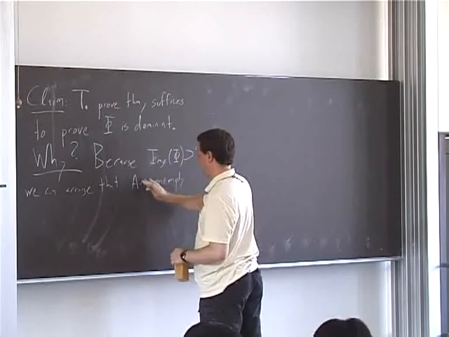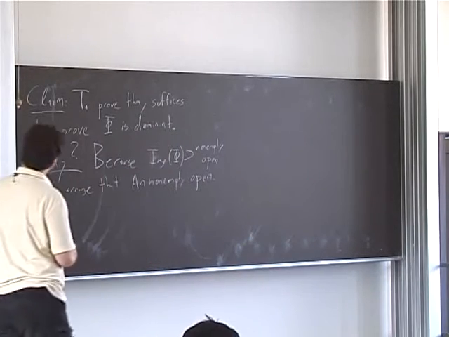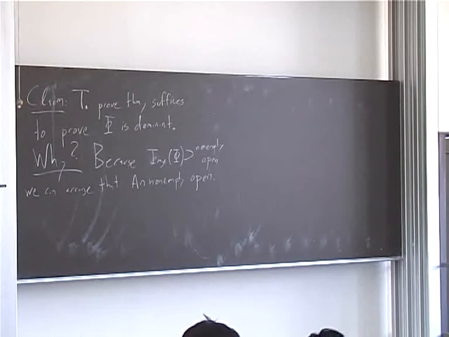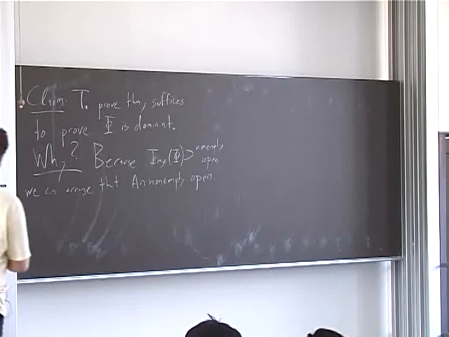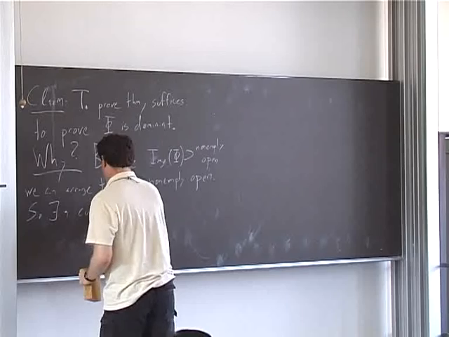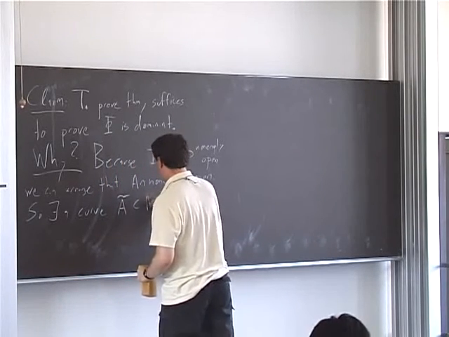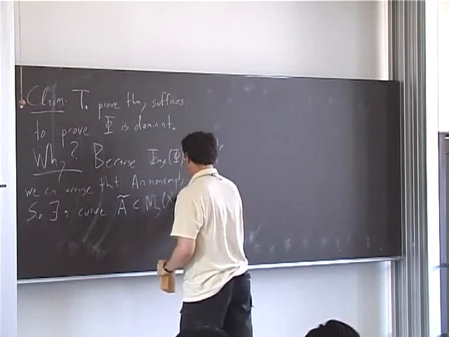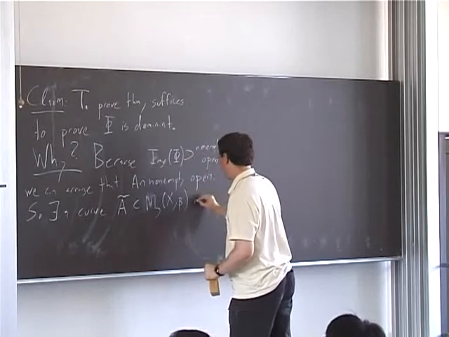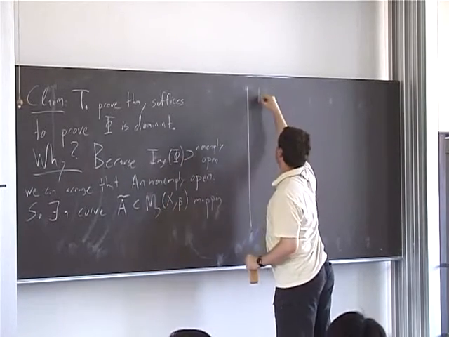And then you restrict this morphism phi over A, and because the image is dense, we can find a curve in X. So there exists a curve A tilde in Mg x beta mapping to a dense open in A.